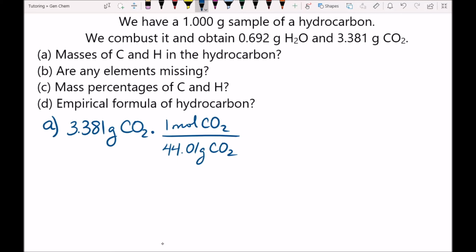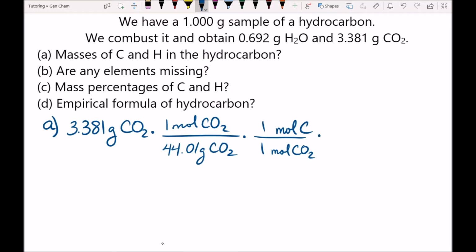That's from adding up the different elements on the periodic table to get the molar mass of CO2. And then we want to go from moles of CO2 to moles of carbon.